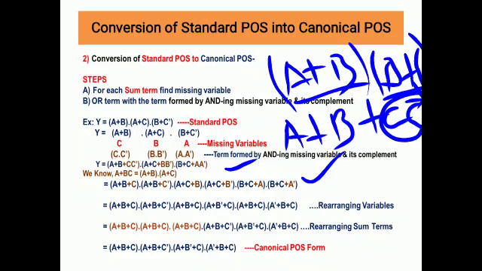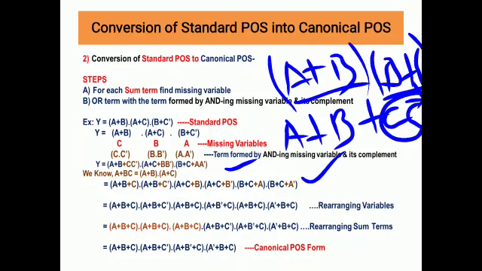Now the remaining steps are the same. First rearrange the variables in A, B, C form, then take the like terms together, and then again reduce and write only the single term instead of 2 or 3 like terms. So the last canonical POS form is given, which has each sum term containing all the 3 variables, that is A, B and C.